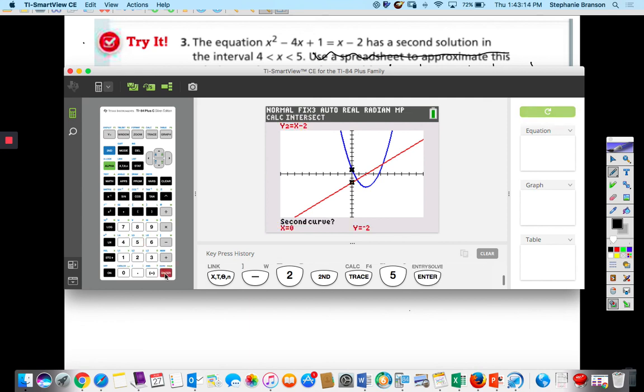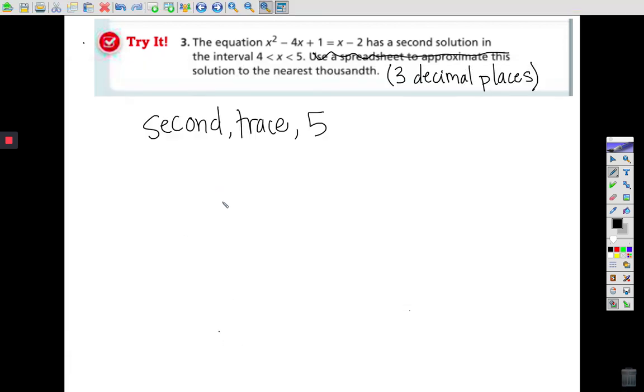Yes, and it should jump down to the next curve. Then you hit enter twice, and it should round automatically to 3 decimal places and tell you the x value at that intersection. So I'm going to write x is approximately, because that's not exact, 0.697. That's one of our points of intersection.